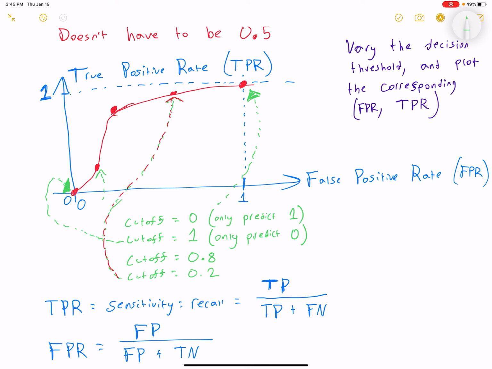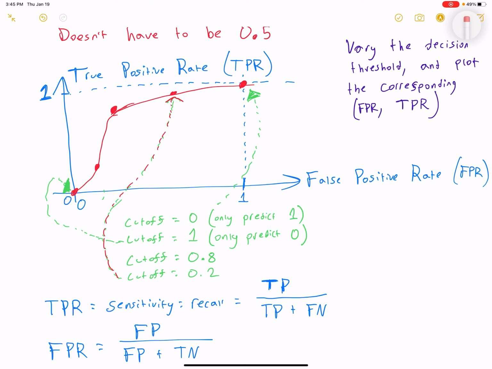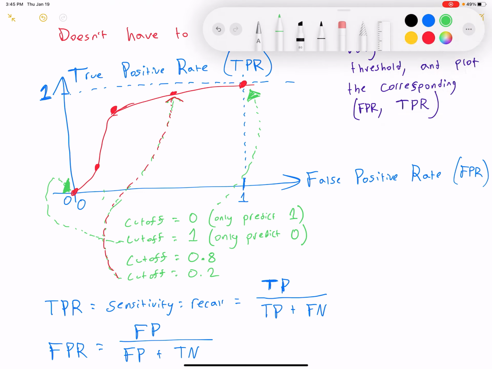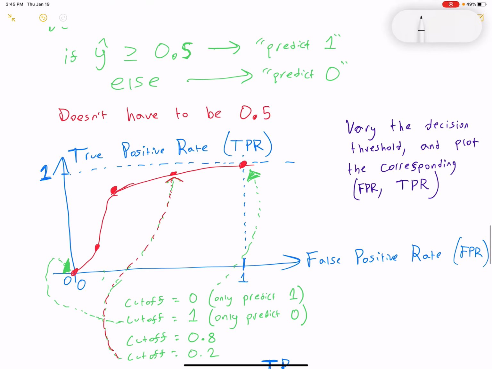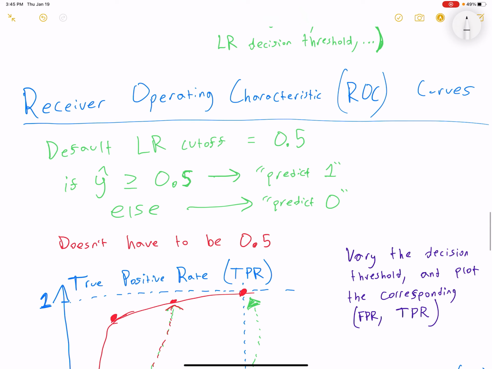I have a question. What's the decision threshold? We covered this last time in logistic regression, but it's basically the cutoff. So if the decision threshold, for example, is 0.5, that means we predict 1 if the classifier outputs anything above 0.5, and if it's below it, we predict 0.